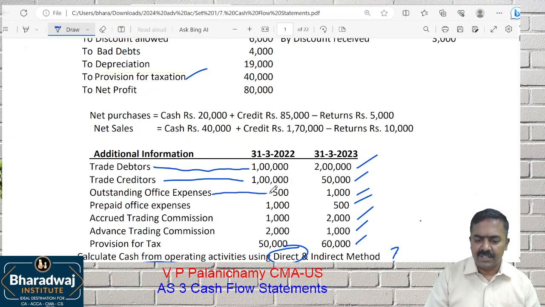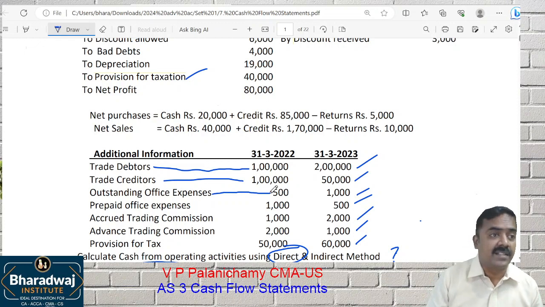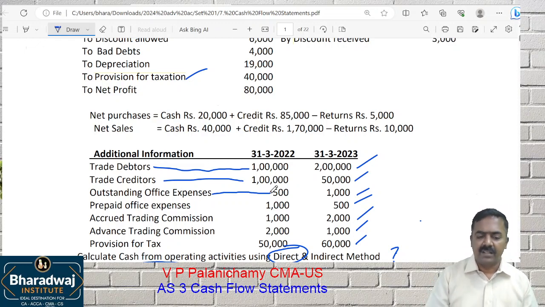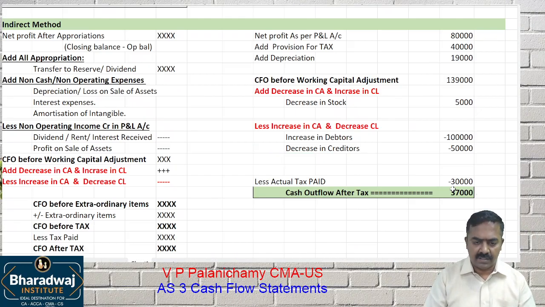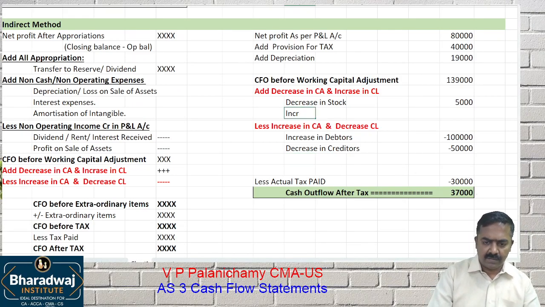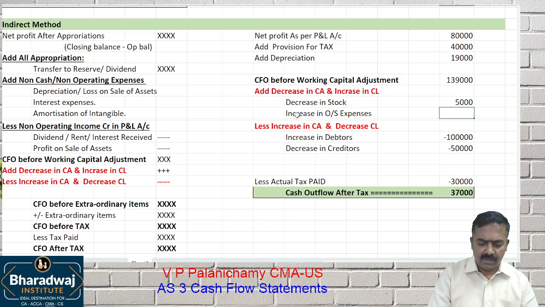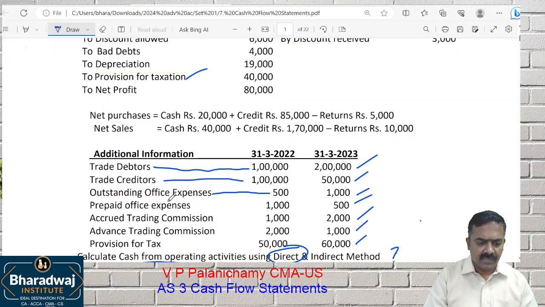Then outstanding expenses. Liability, current liability, and it increased. Increase in outstanding expenses is 500. Then prepaid office expenses.